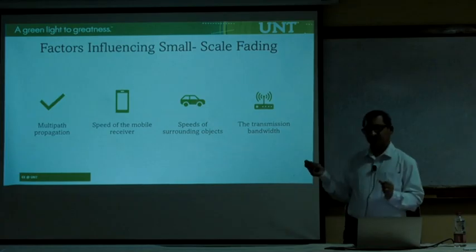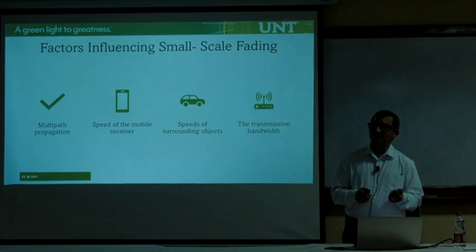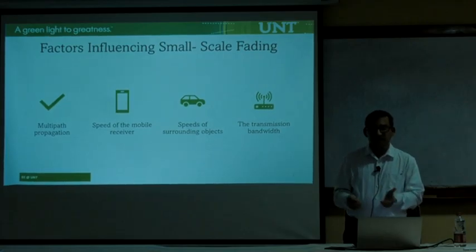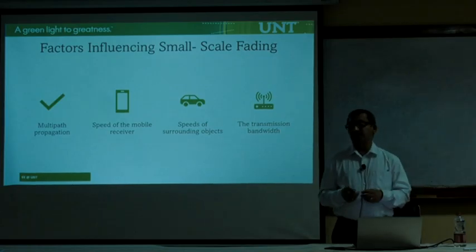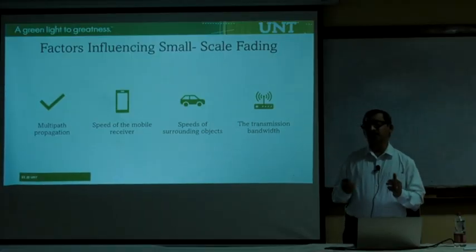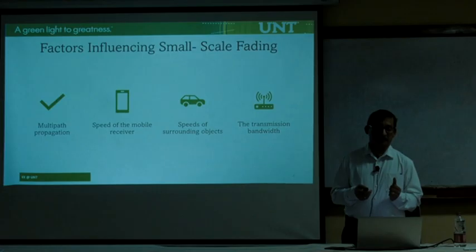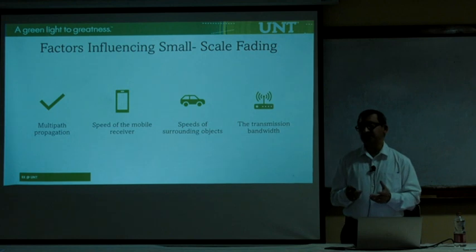It is the phone that is moving, or the user that is moving. Okay. But you can use the same concepts, with of course cognizance of the fact that the speeds are different. The speeds when you are moving in a car are different. When you are talking about drones, the relative speeds are much higher.